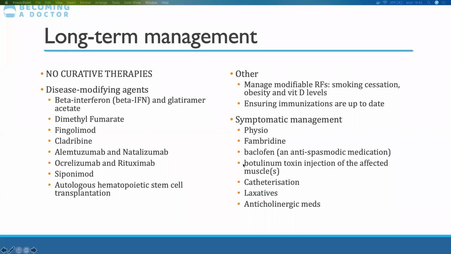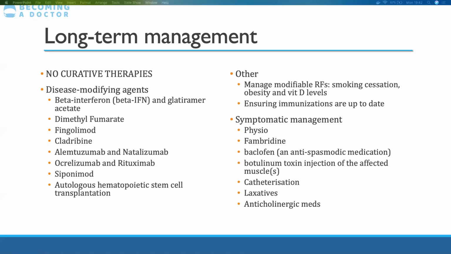If they have spasticity, again, physio is the main one, but they might also be given antispasmodic medications such as baclofen, or they could be given botulinum toxin injection at the affected muscle sites. If they have bladder or bowel issues, catheterization, laxatives, and anticholinergic medications are the symptomatic management treatments for that.